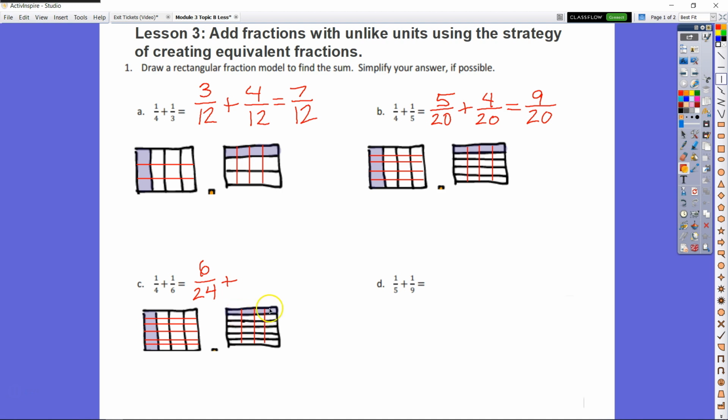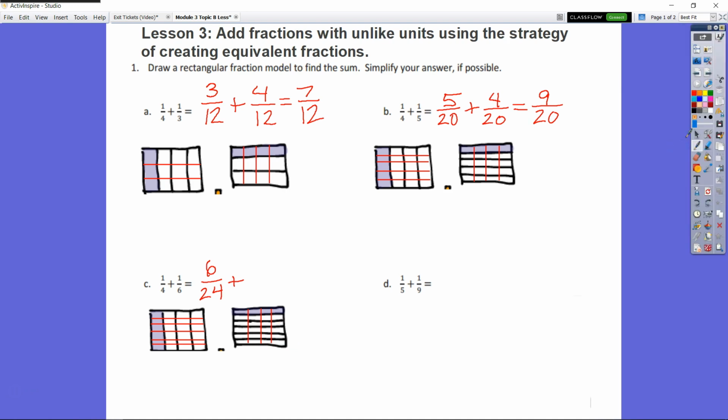So I have 4 plus 4 more is 8, 12, 16, 20, and 24. So that is now equal to 4/24. 6 plus 4 is 10 over 24.